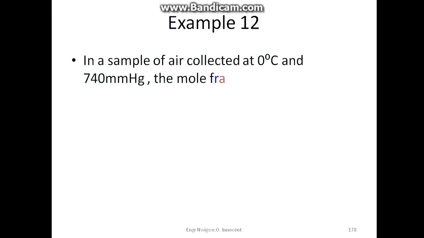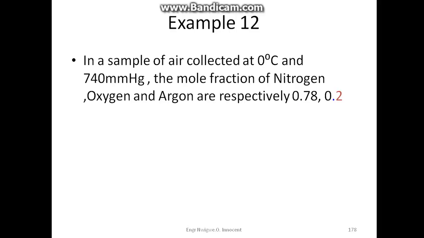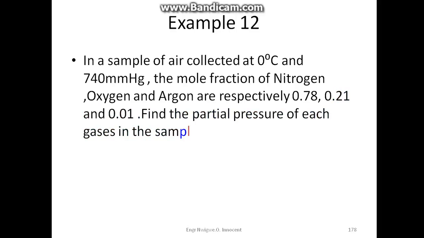Example 12. In a sample of air collected at 0 degrees centigrade and 740 mm of mercury, the mole fractions of nitrogen, oxygen, and argon are respectively 0.78, 0.21, and 0.01. Find the partial pressure of each gas in the sample when it is collected.